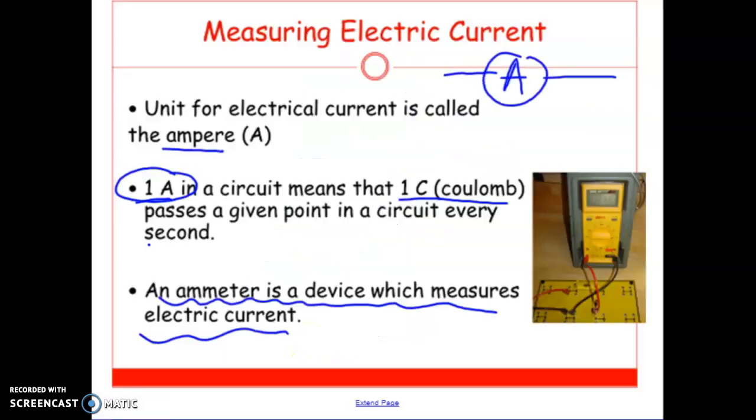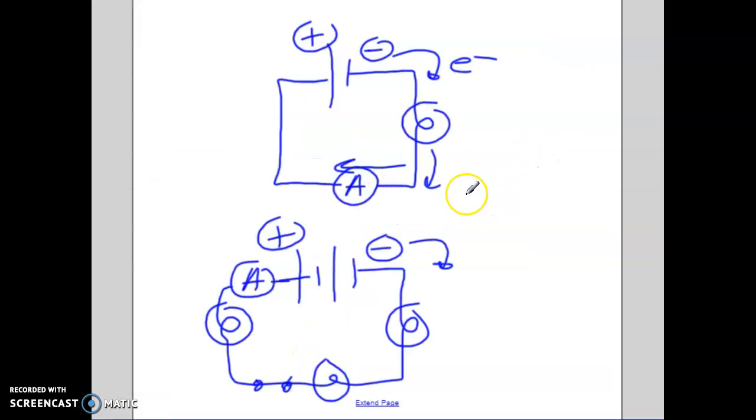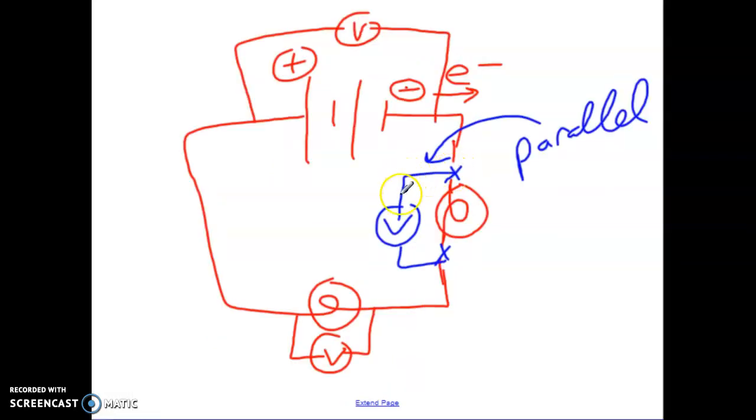Now there's a term for how this is connected. When we connect something on the same pathway, like how we did the ammeter, this means that we are connected in series. So just to recap here, when it's connected around, like how the voltmeter was connected to measure potential difference, that's called a parallel connection.